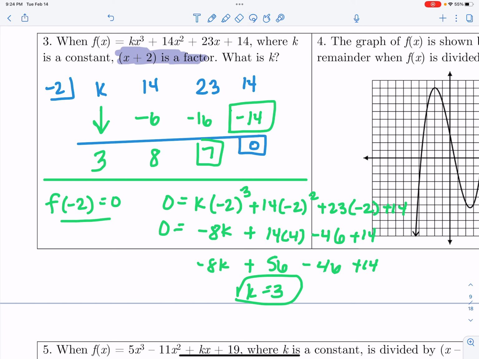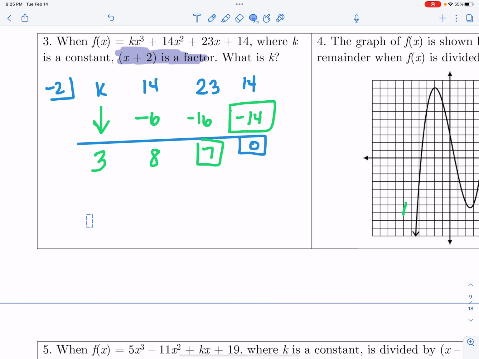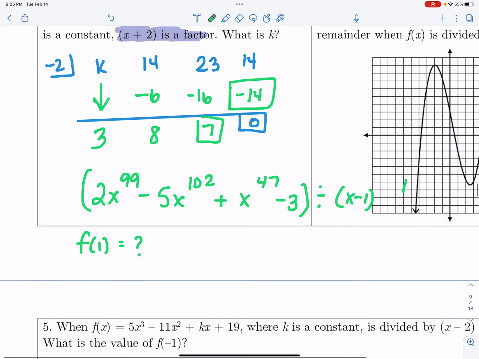Now, if you have something like, what's the remainder of 2x to the 99 minus 5x to the 102 plus x to the 47 minus 3 by x minus 1, well, you know you're just plugging in f of 1 to find out what the remainder is, or to find the k value if you wanted to find the k value.